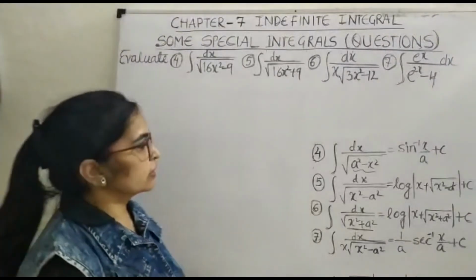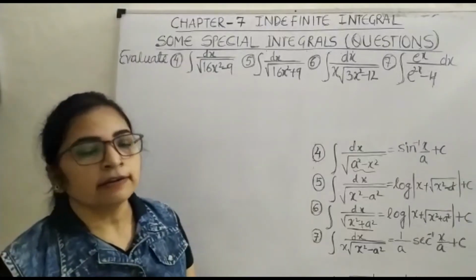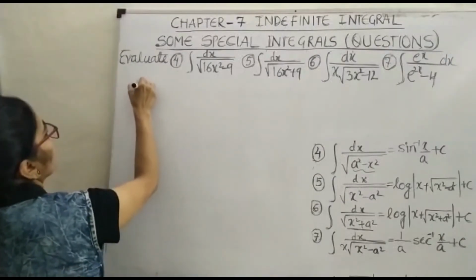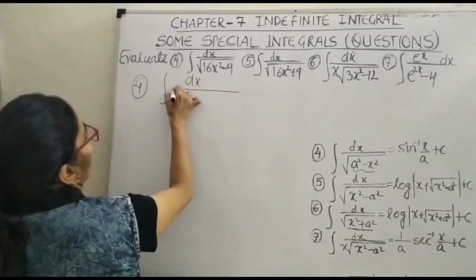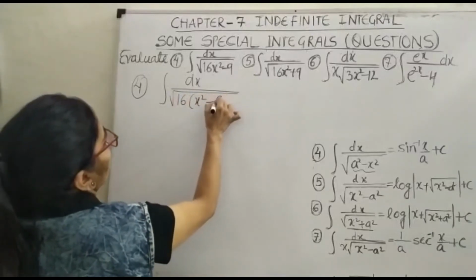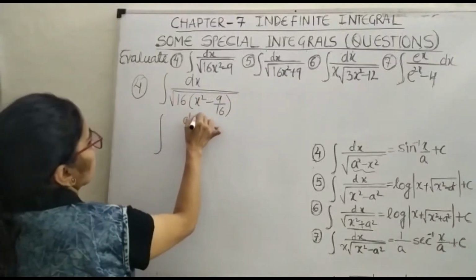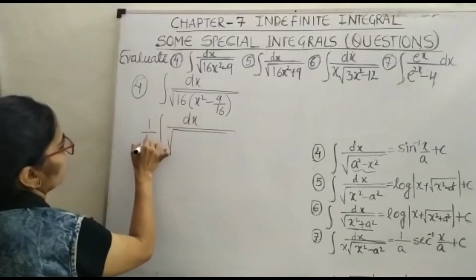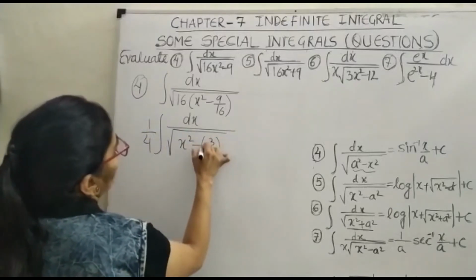Moving ahead in our discussion, we have got some more problems to see which are based upon the standard results. Your question number 4, you can see here, it is dx upon under root 16x square minus 9. आप 16 बाहर ले लीजिए तो ये आपका हो जाएगा एक्स स्क्वायर माइनस 9 अपॉन 16. Now this 16 will come here as 4, तो ये आपका हो जाएगा एक्स स्क्वायर माइनस 3/4 the whole square.